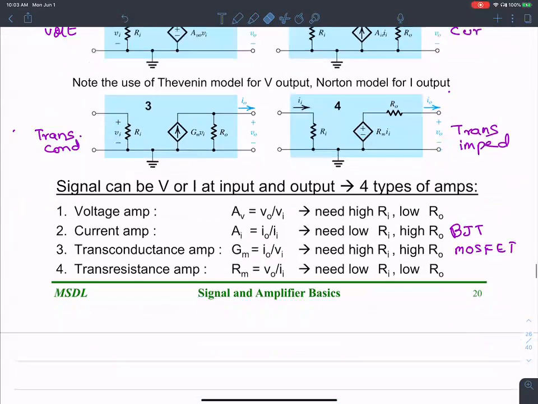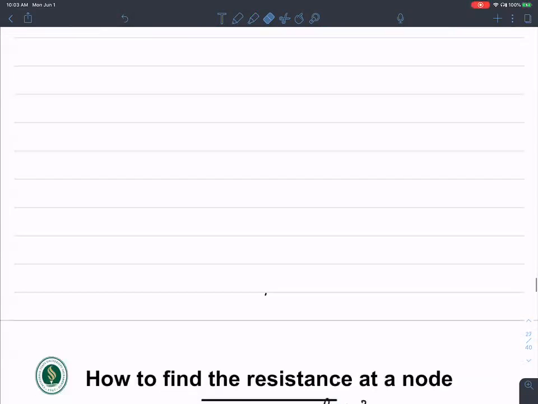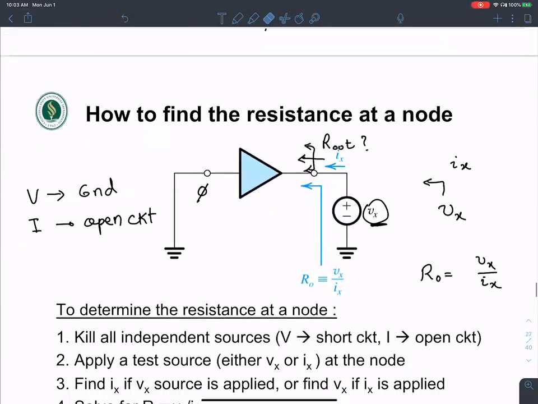In addition to that, we looked at some problems. I also described to you an approach to find output resistance. So this is R output, not root. This is R output. How do you find the output resistance?